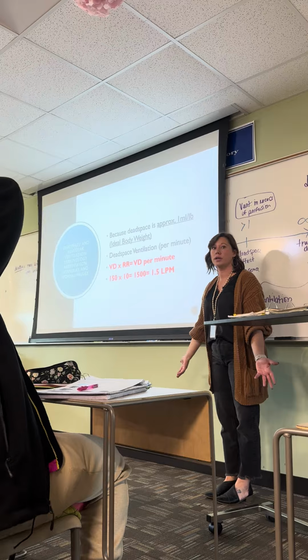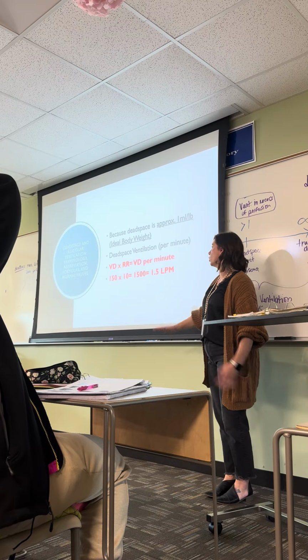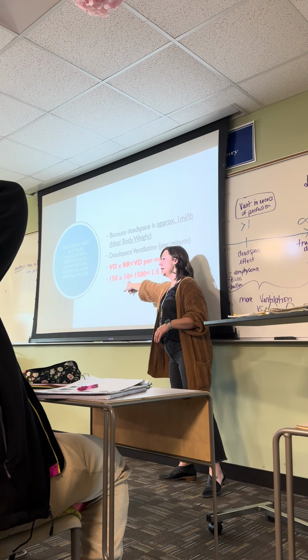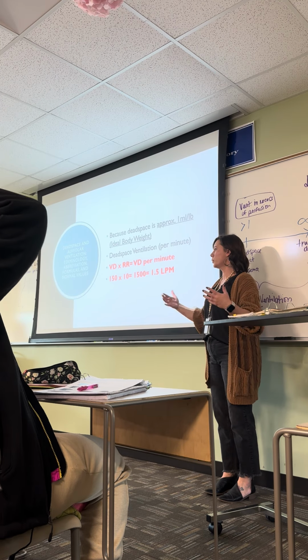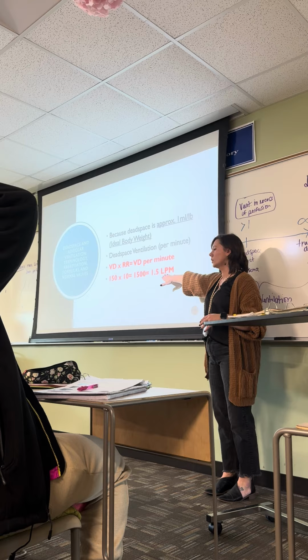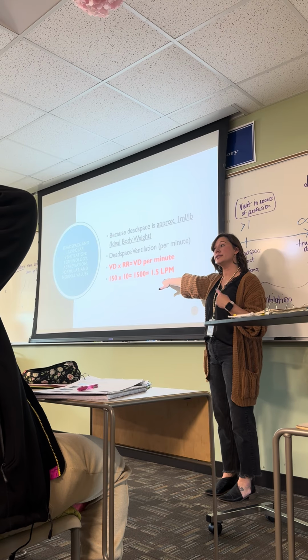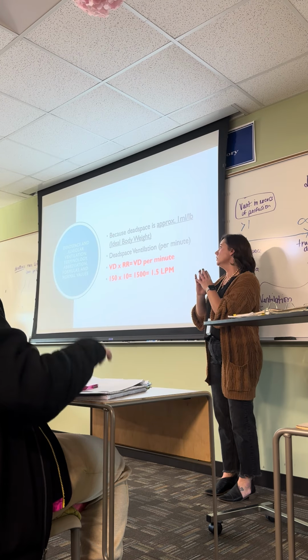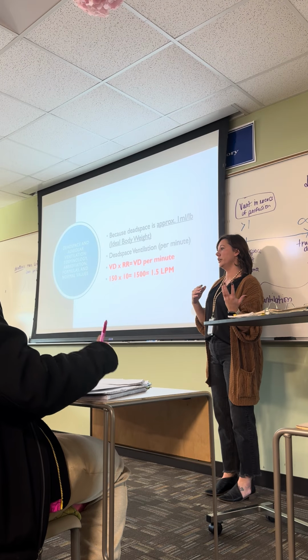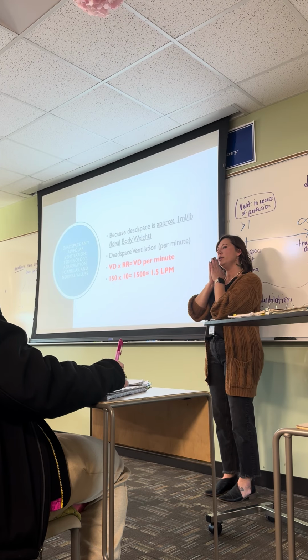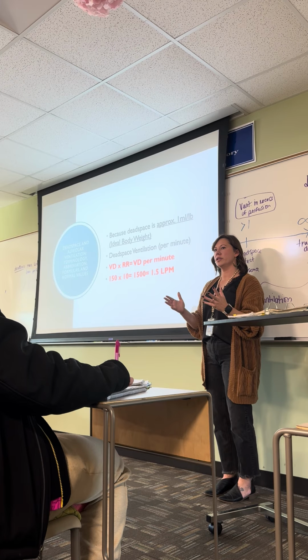And then per minute is when we multiply it by the respiratory rate, because that's breaths per minute. We're going to use this same type of formula, and we're going to do it to alveolar minute ventilation. So how do you think I can find out how much is getting to the alveoli?